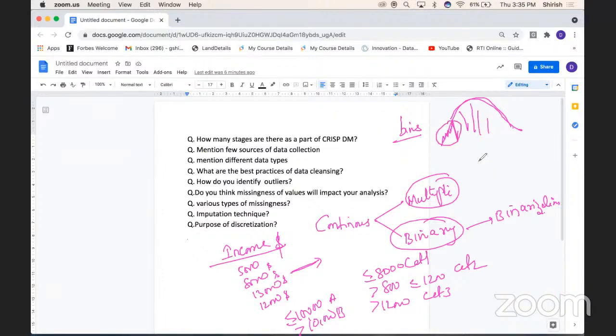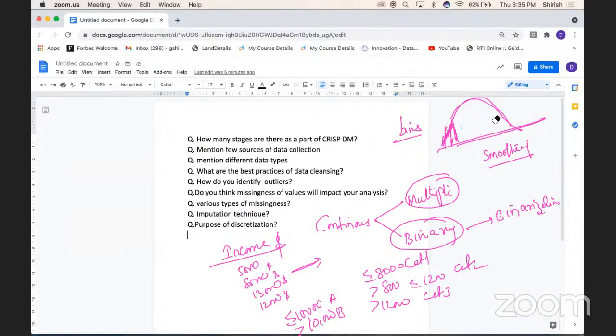You will perform something called smoothing to reduce this noise. When you do the binning, it will get smoothened, and you get bins properly. Binning is one of the processes for discretization.